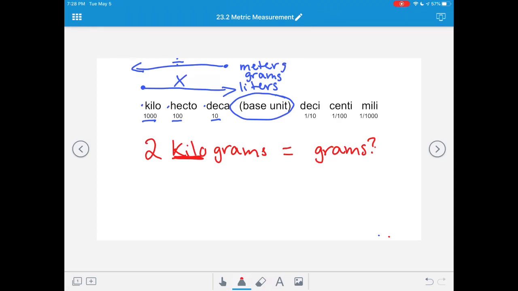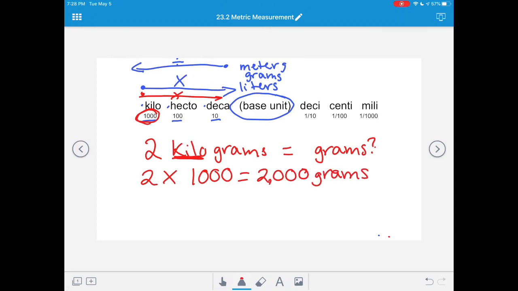From kilo, I see my arrow here, from kilo to grams, I'm going to multiply by the number that it means. Kilo means 1,000. So to get from kilo to grams, I'm going to take 2 and multiply it by 1,000. And that will equal 2,000 grams.